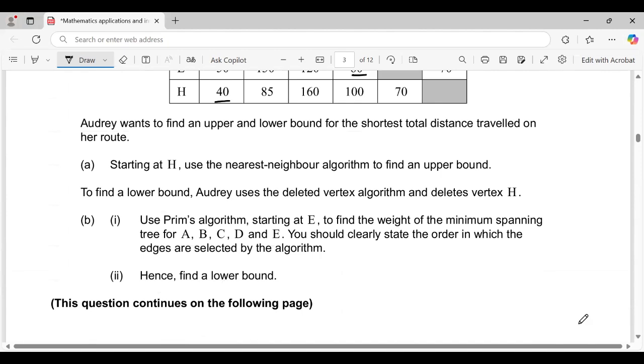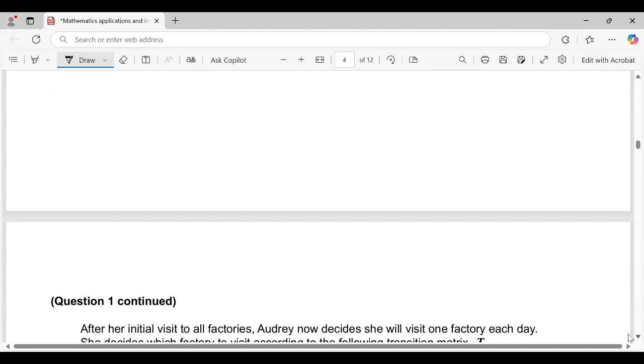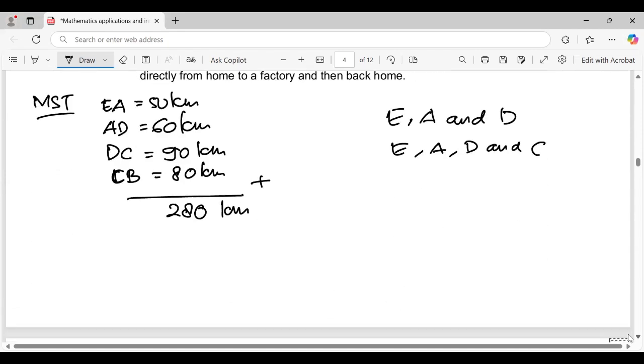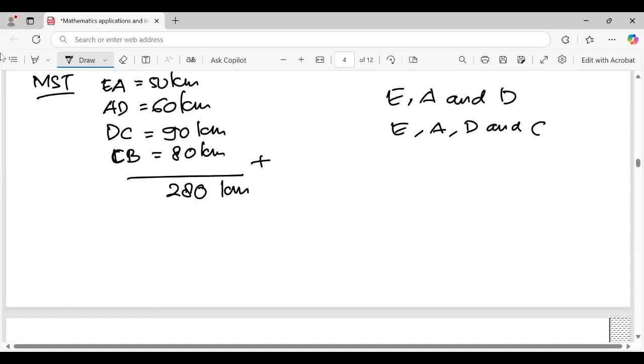Part 2. Hence, find a lower bound. To reconnect H to the minimum spanning tree, we need to add two edges that connect H to the tree.